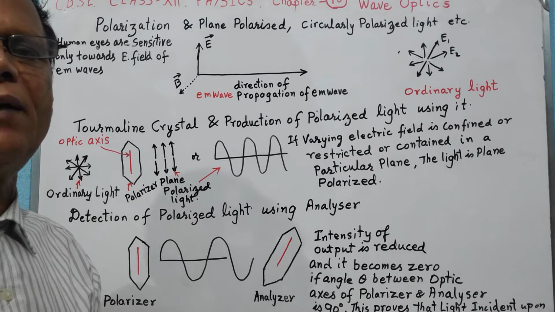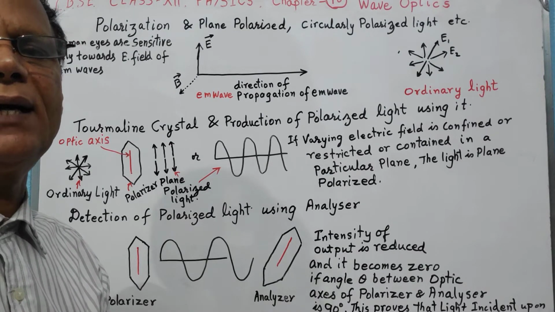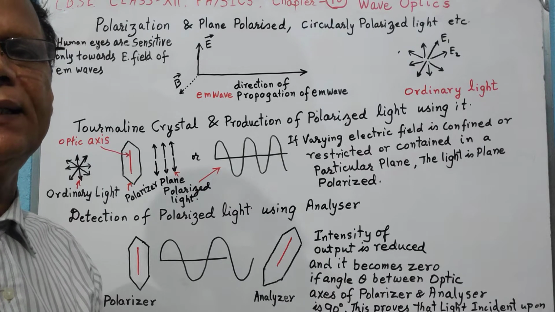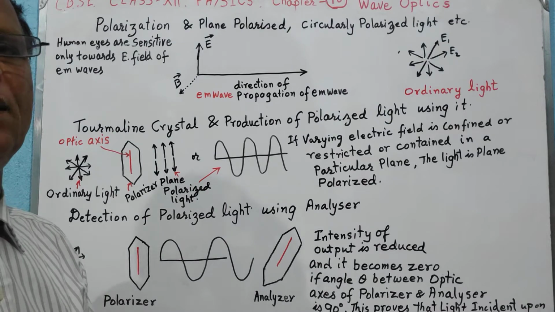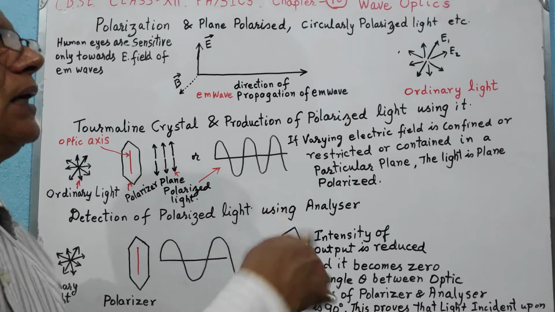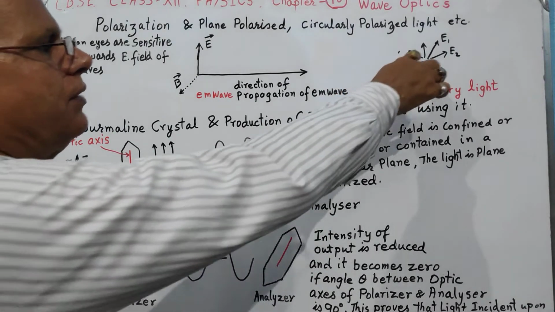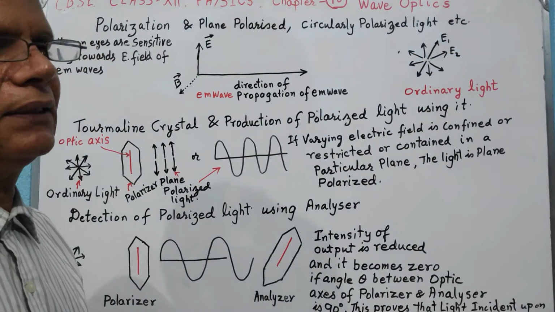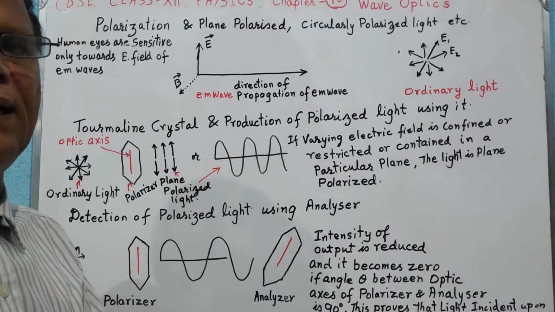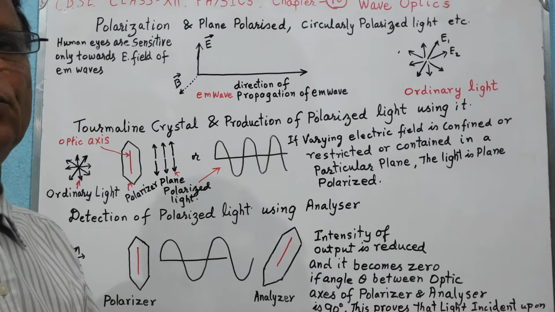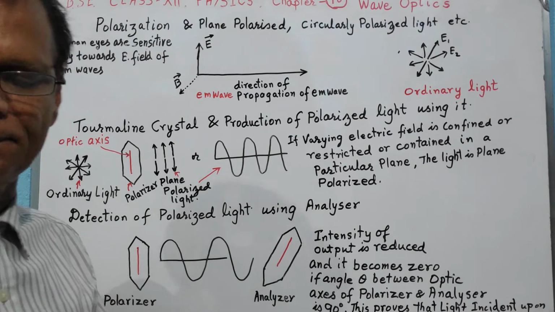If instead the two vibrations are mutually perpendicular but have different amplitudes, and they are superimposed and keep rotating about the axis of travel, then the final locus obtained is elliptical, and that light is known as elliptically polarized light.